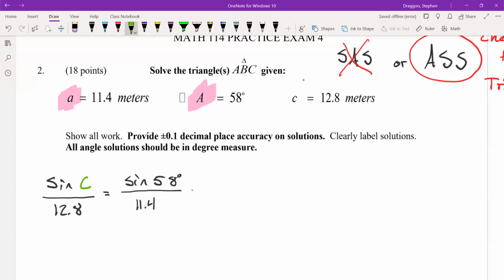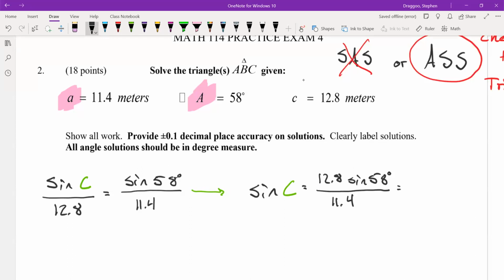And in order to get C, I'll need to multiply 12.8 over to the other side, leaving me with sine C equals 12.8 sine of 58 degrees divided by 11.4. There we are.